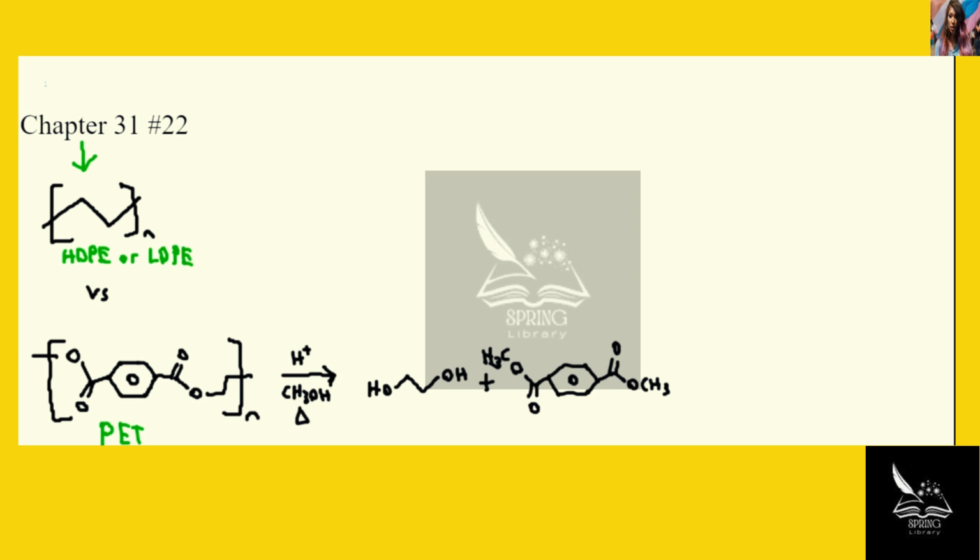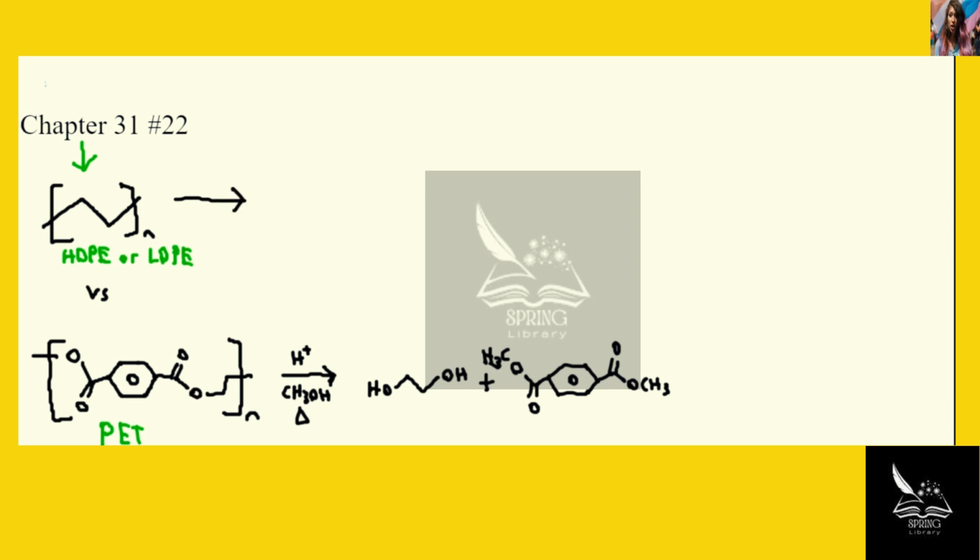There's no way to hydrolyze a carbon-carbon bond. Carbon-carbon bonds obviously can be broken, but it requires a great deal of energy and harsh chemicals, and so there's no good way to do this with HDPE or LDPE.